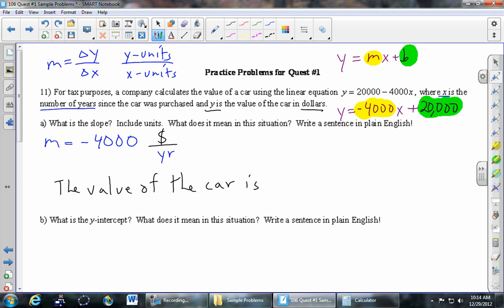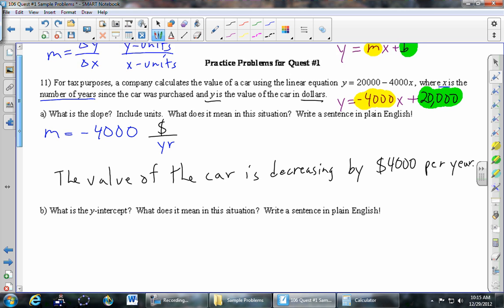So if the car's value is changing by negative 4,000, then the car's value must be decreasing. And you could say it's decreasing at $4,000 per year or decreasing by $4,000 per year. What you can't say is that it's decreasing by negative 4,000. The negative and the word decreasing, pick one or the other, but you can't say both. Okay, I'm sure there are variations on that sentence that are fine.